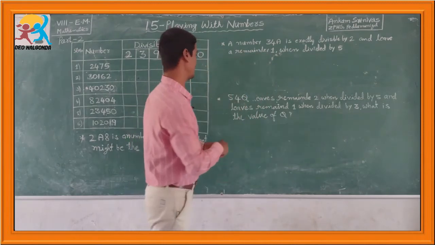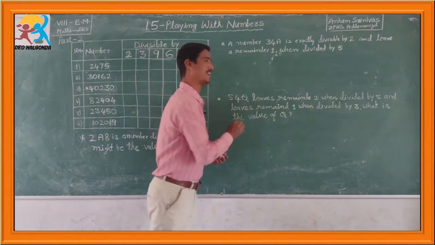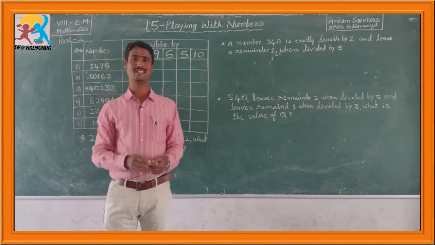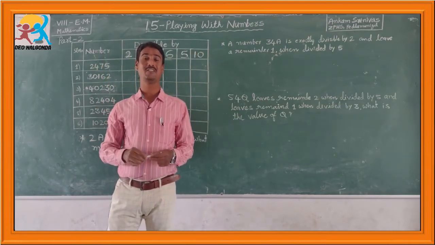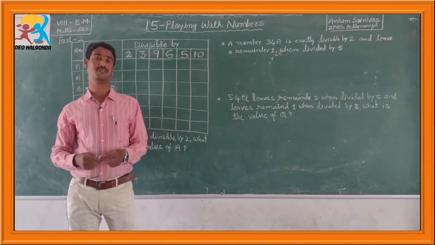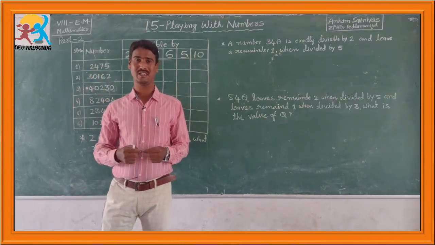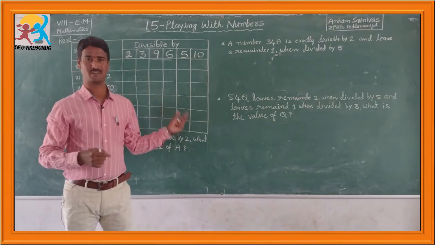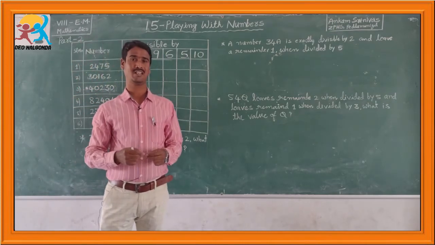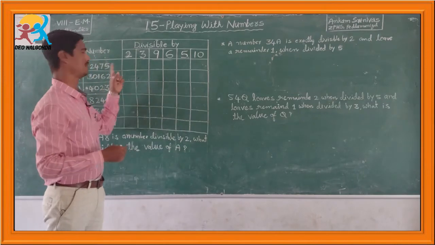Now in previous classes we had learned factors or divisors and the divisibility rules for 2, 3, 9, 5 and 10. What is the divisibility rule for 2?